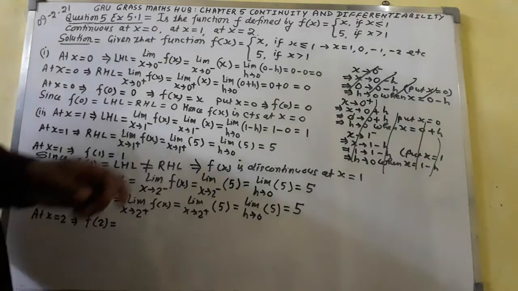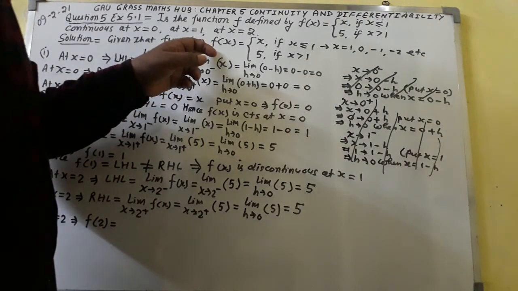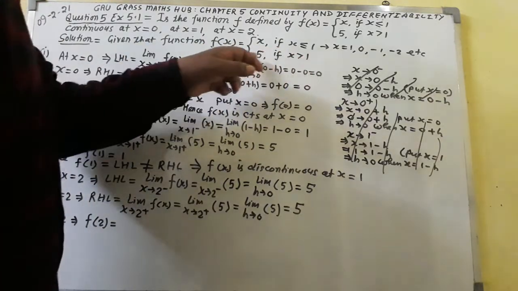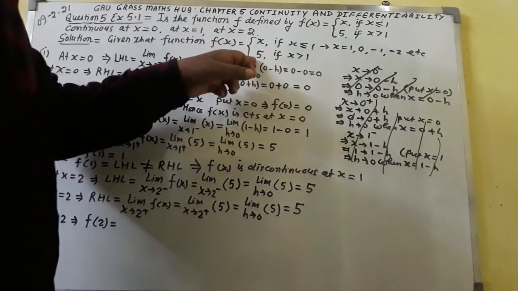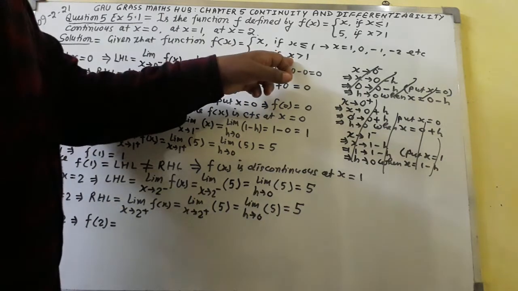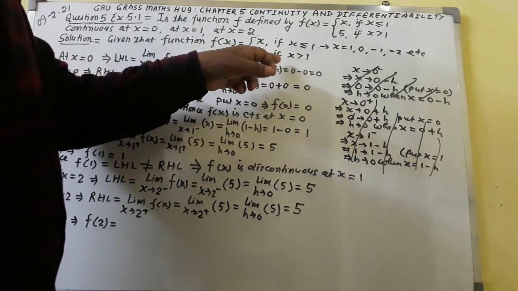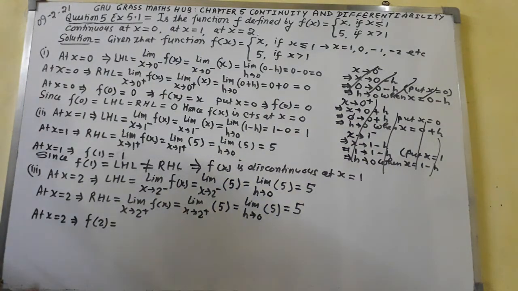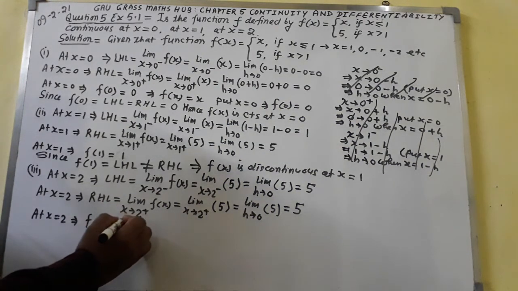So which function shall I choose? I shall choose the function f of x equal to 5, because in the second function the value of x will be 2. So here I shall write f of 2 equal to 5.